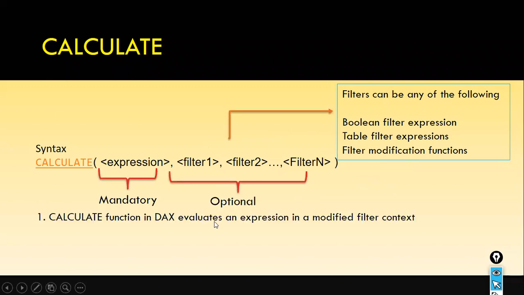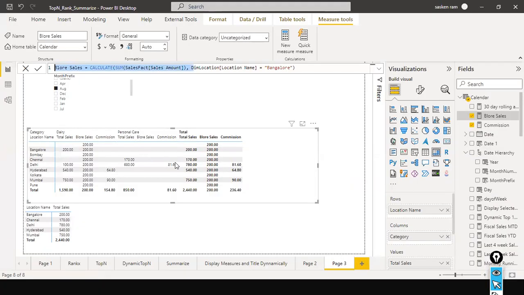The CALCULATE function in DAX evaluates an expression in a modified filter context. So sum of sales amount, comma, the location is equal to Bangalore. In this case, what happened? Row and column filters plus the slicer also applied the filter. But even so, this one is based only on this condition.